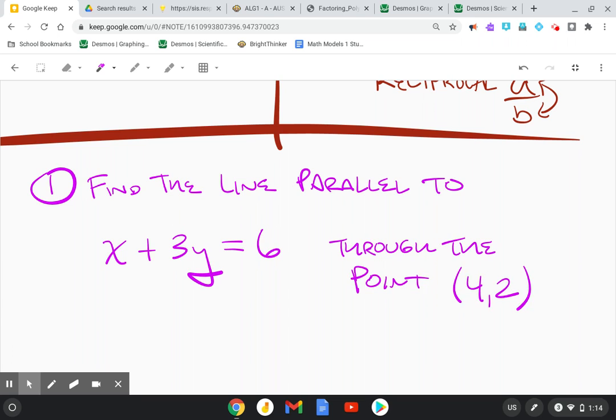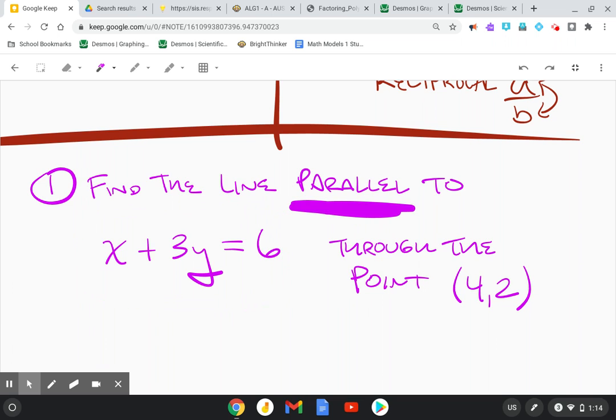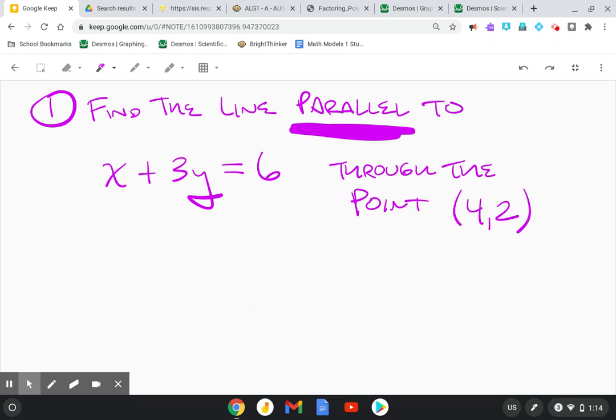So we have a point that it goes through, and we have this other equation. We know that the line we're looking for is parallel to this line. So we're going to need to put it in y equals mx plus b, or slope-intercept form.